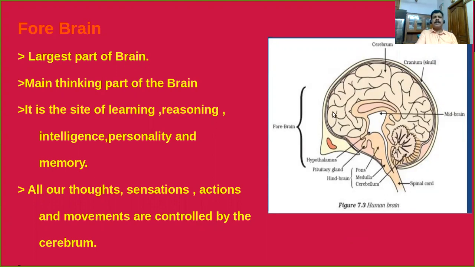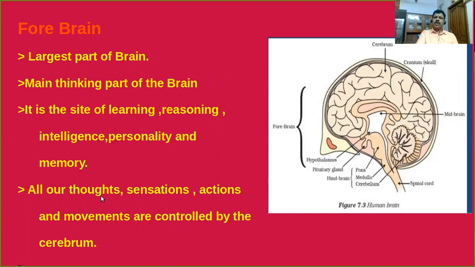It is the site of learning, reasoning, intelligence, personality, and memory. Do you remember the most important parts of the forebrain? Yes, the cerebrum, thalamus, and hypothalamus. The most important characteristic feature is that it is the site of learning, reasoning, intelligence, personality, and memory.